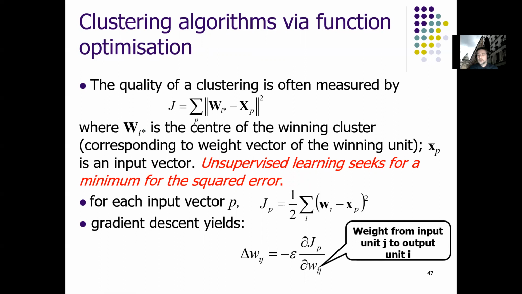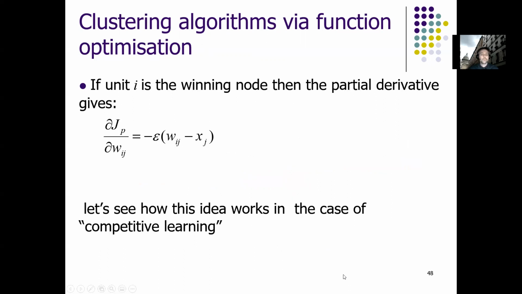And we have the partial derivative of the error with respect to the weight, and the weight is the weight from unit j to unit i. If the unit i is the winning node, which means that its weights define the cluster center, then the partial derivative is defined by this simple equation.